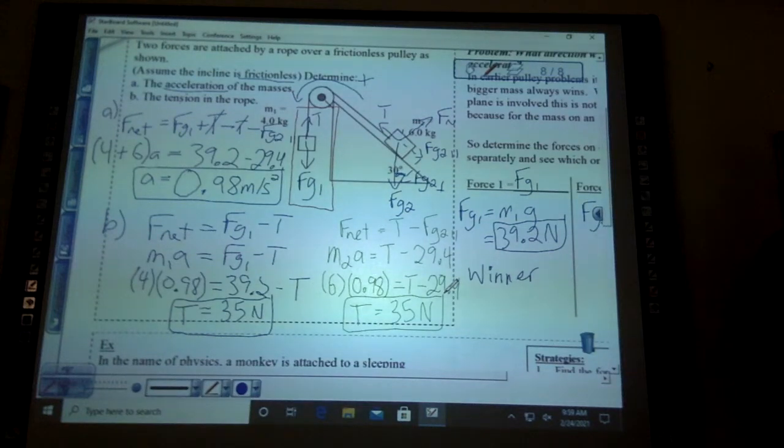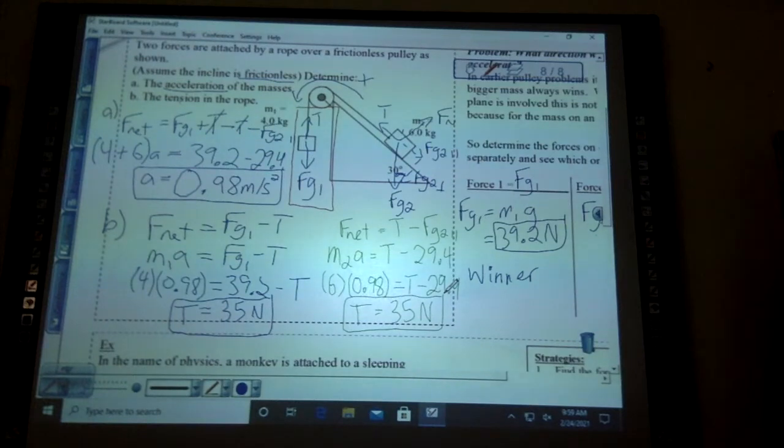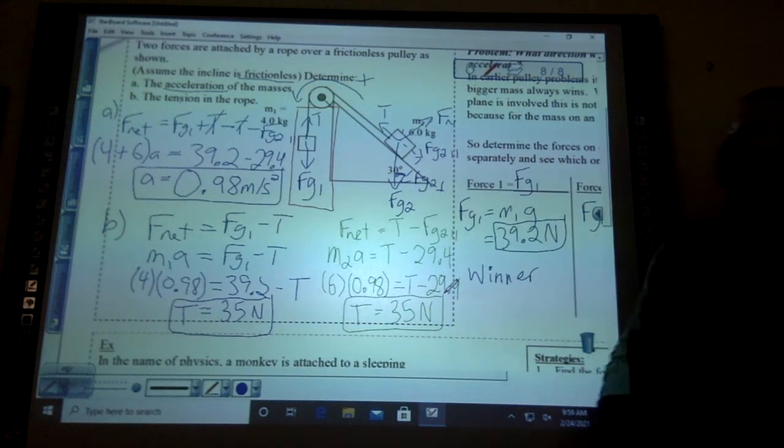Solve for tension. In this case, you can see that solving for either one of them isn't that difficult. There will be cases where there are multiple forces, including friction, including maybe another mass attached down here, just for fun.